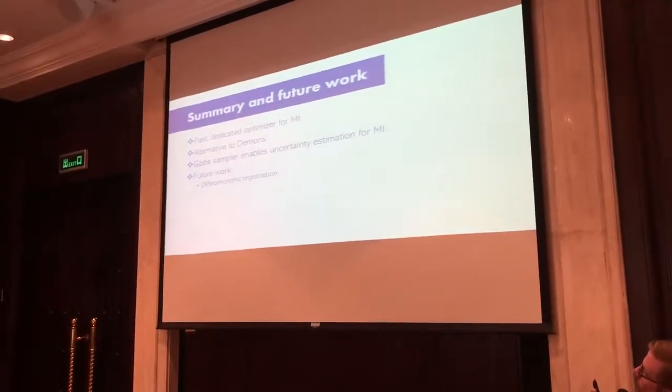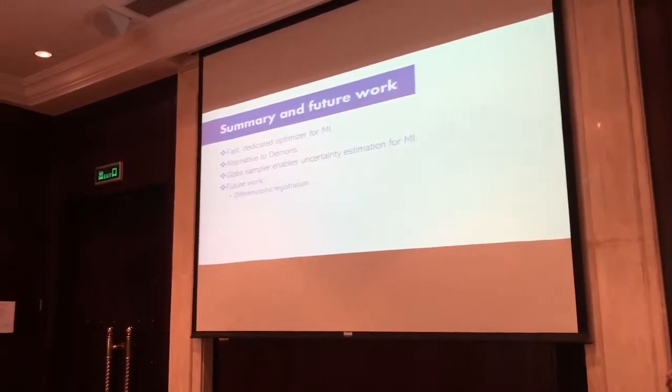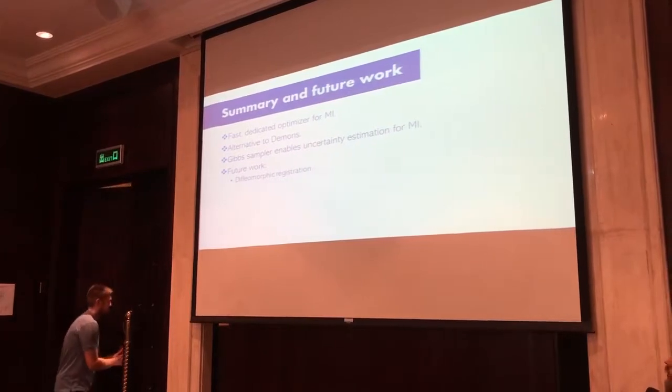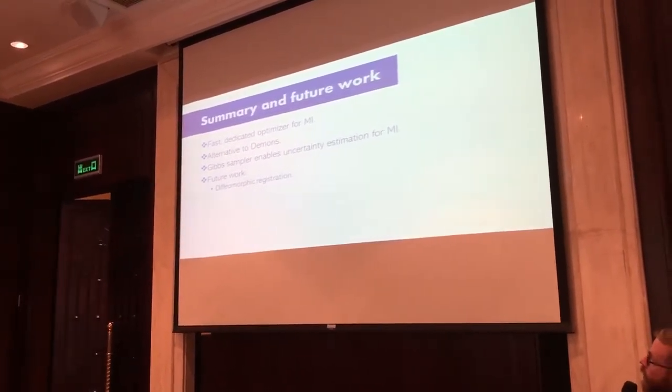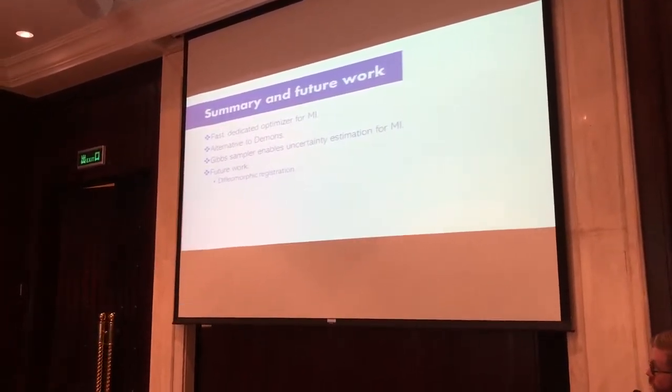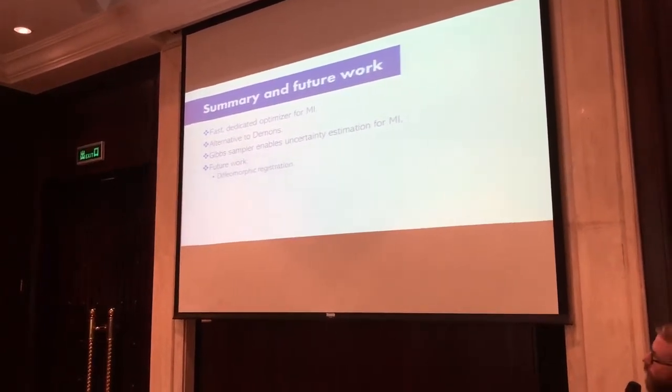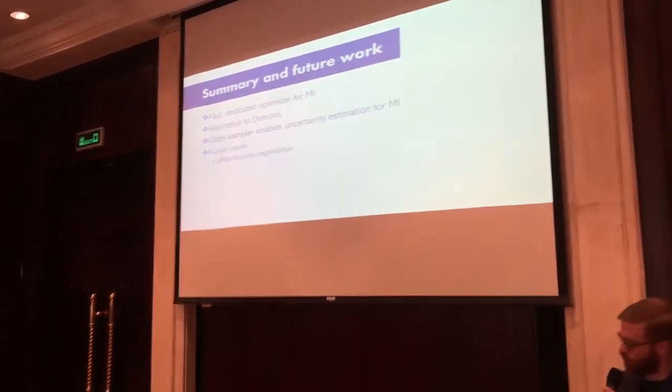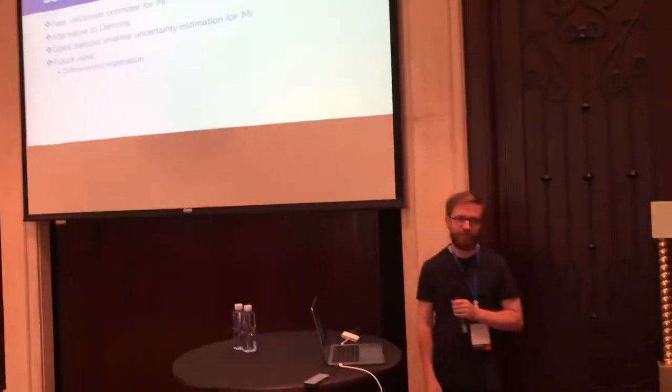And we have a Gibbs sampler where we can do uncertainty estimation for mutual information. In the future, we would also like to see if we can make it differentiable. Okay. Thanks. Thank you.